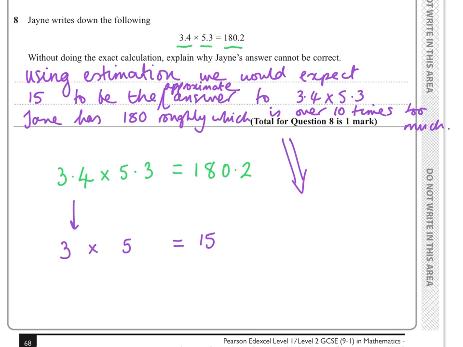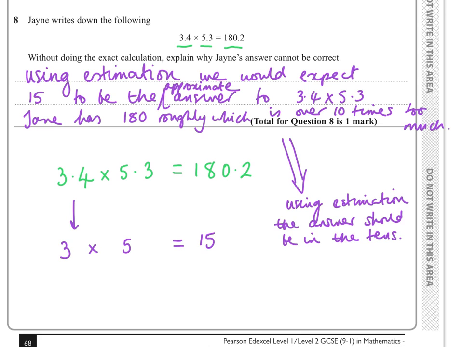Another way of writing this is you can say, using estimation, the answer should be in the tens. However, Jane's answer is in the hundreds.